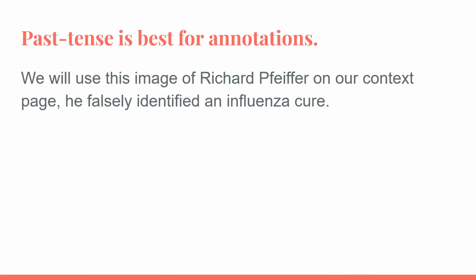Past tense is best for annotations. A lot of times when I'm reading through annotations in a bibliography, I'll see things like we will use this image, or we will use this page, or we think we might use this page. If they're reading about it, that means your project's pretty much done and you've done it, right? You've already used the image. What do you mean you will use it? I saw it on the page.